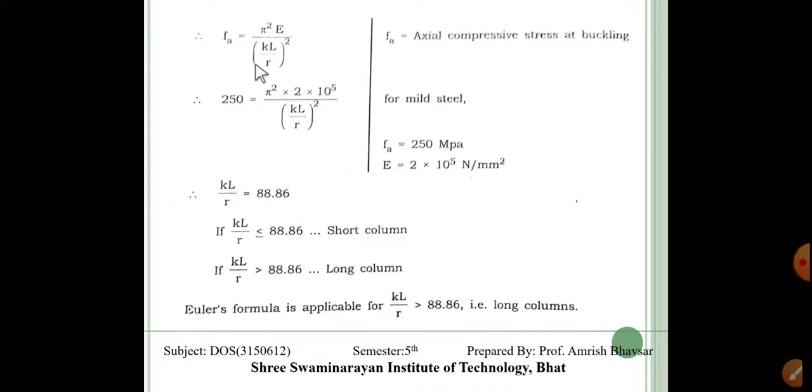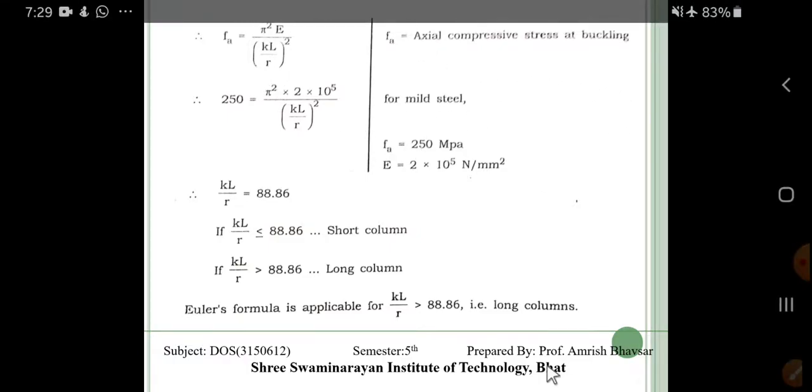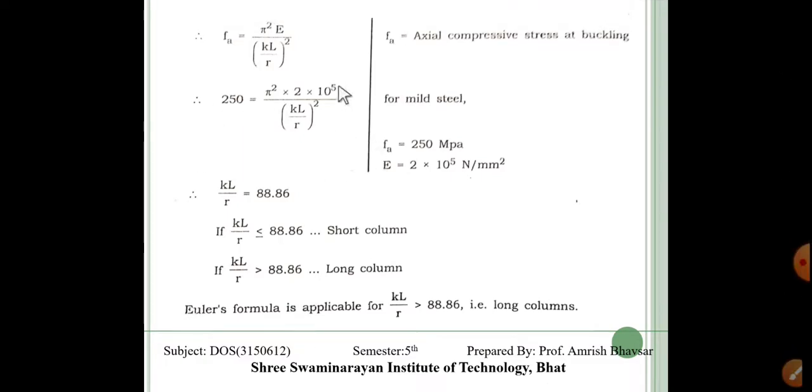Now the force and the capacity of this, that is 250. So whenever we are going to put all the data over here, FA is equal to 250 megapascal, E is equal to 2 into 10 raised to 5. This is the axial compressive buckling stress, right? So we will get KL upon R, that is 88.6.